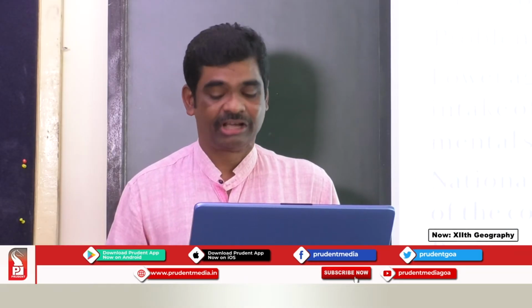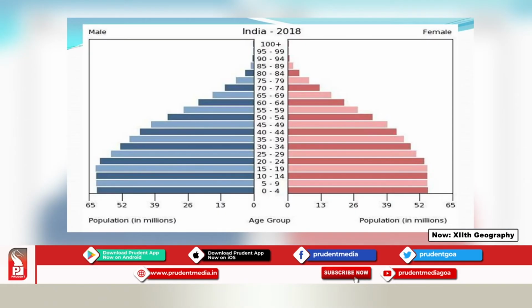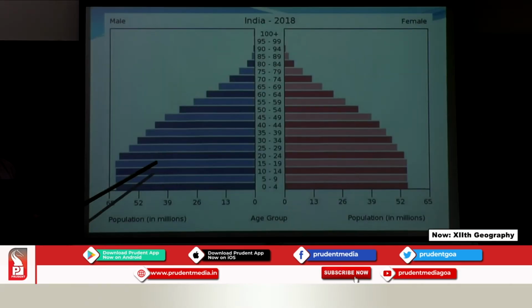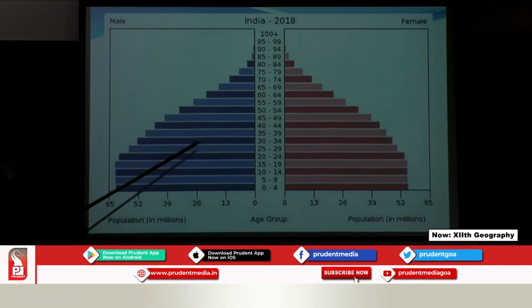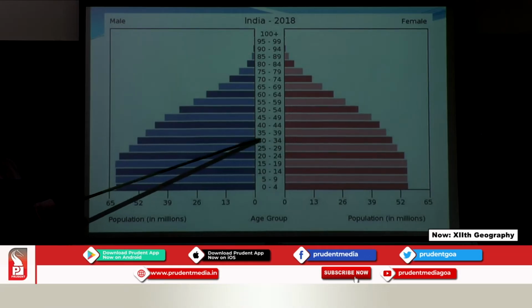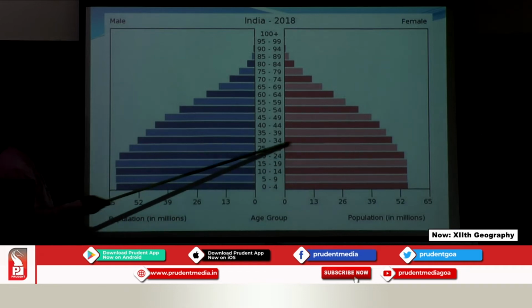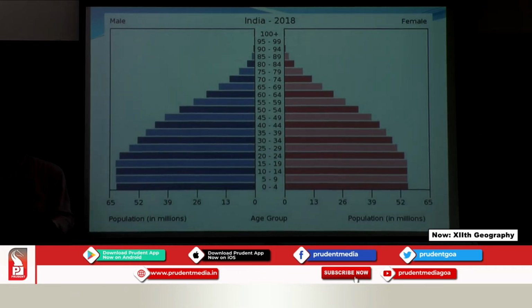We have a large youth population. This is the pyramid graph of India. See here, large up to age 30, large youth population. This should become a resource to the country.